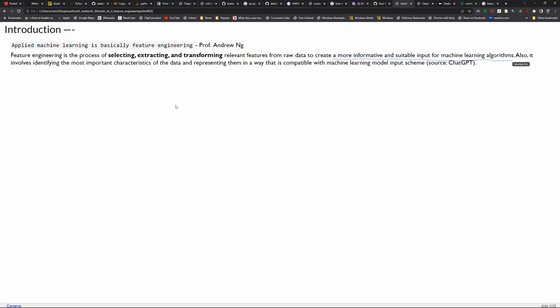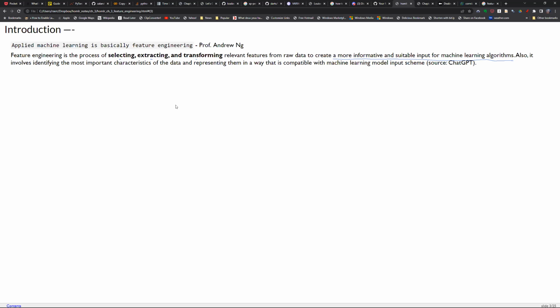Getting a quote from ChatGPT. Okay, I did this exercise to see what ChatGPT tells us about feature engineering, and the question was: what is feature engineering? And this is what ChatGPT says: Feature engineering is the process of selecting, extracting, and transforming relevant features from raw data.